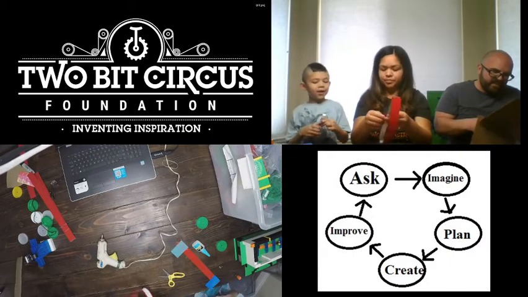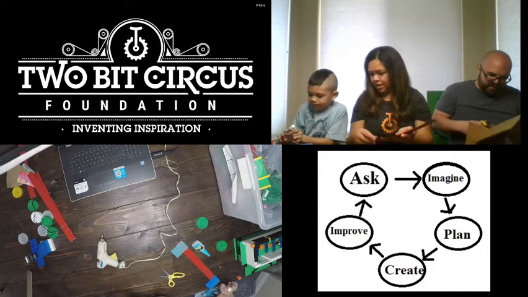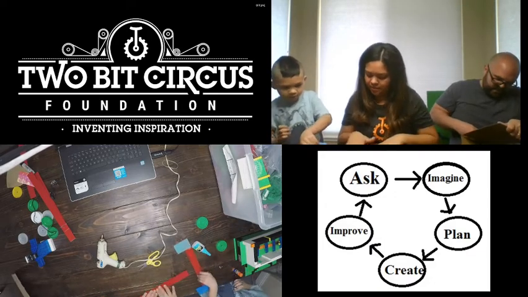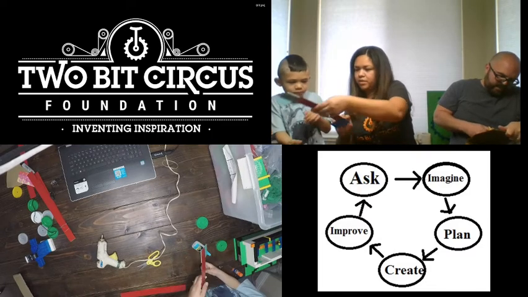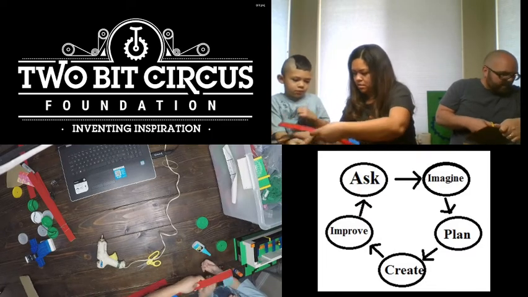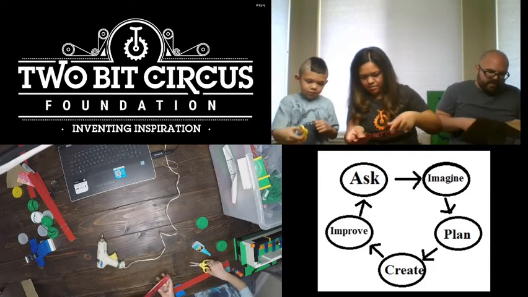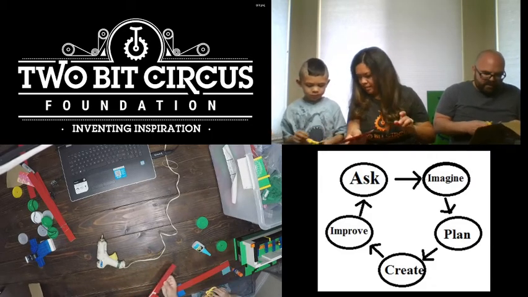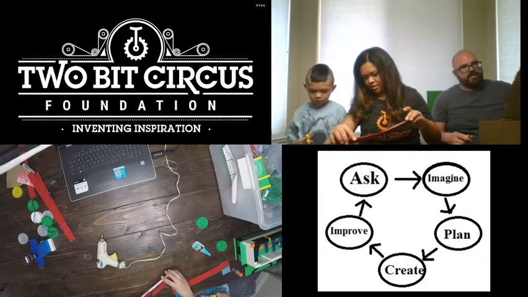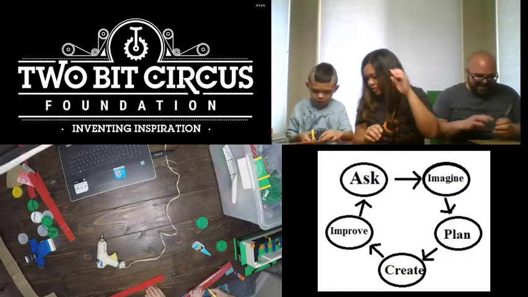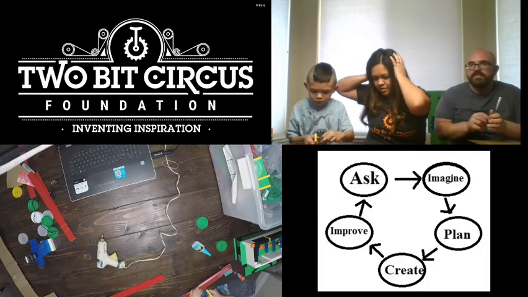Okay, so how would I do it? How would you do it? Okay, so you see what I did here? You're going to have to cut your headband open. So somewhere in the middle here is where I made my cut. See it? At first you cut it in half, especially because you have your ears and you want your ears to be on the side.